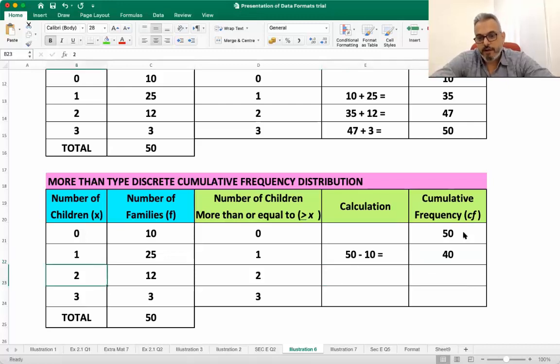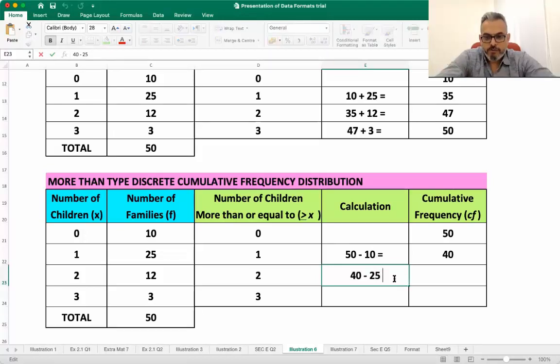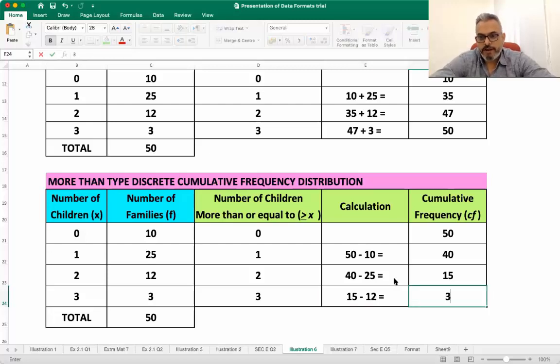Then more than or equal to 2: 40 minus 25, which is equal to 15. And more than or equal to 3: 15 minus 12, which is equal to 3.